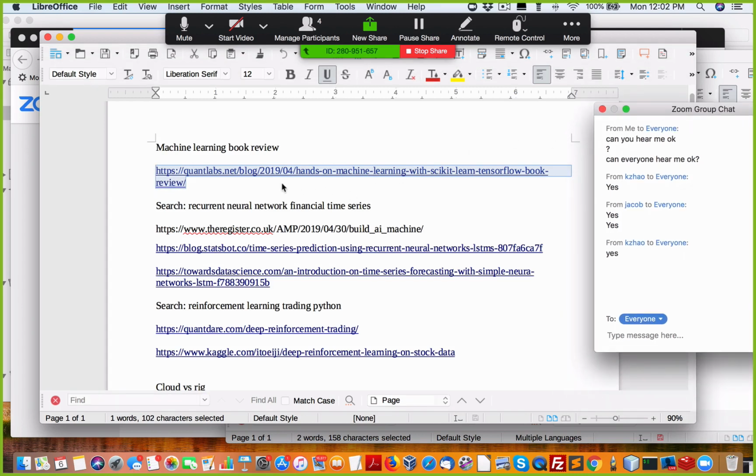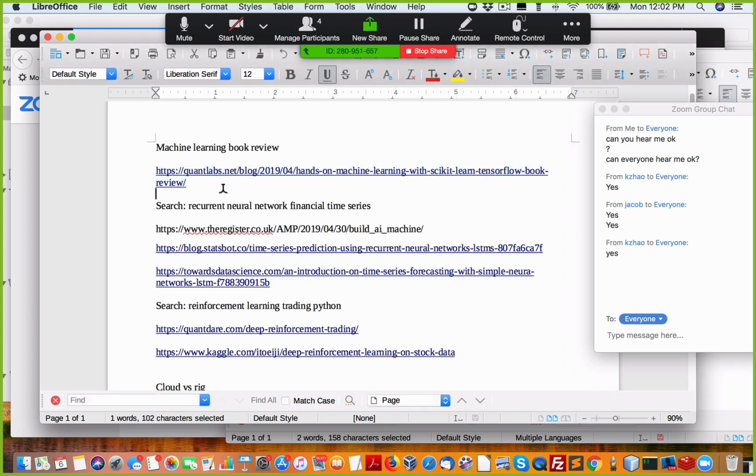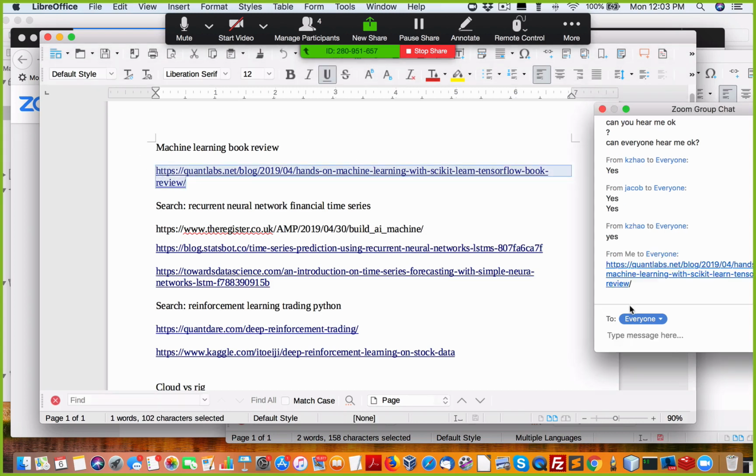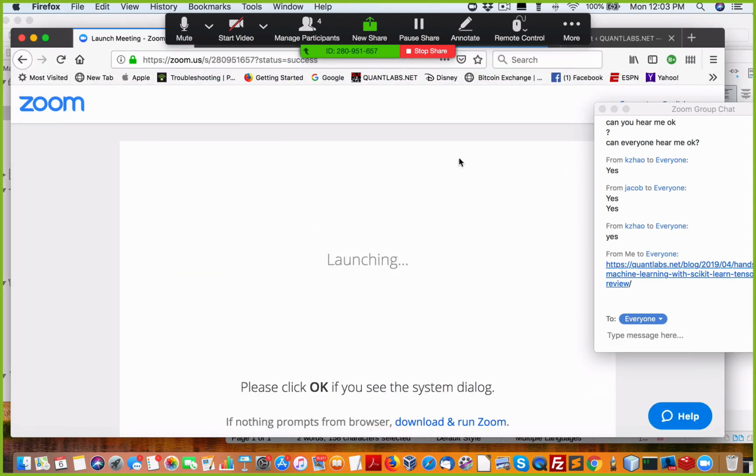So first thing is the book review. If you are new to the world of machine learning, just general machine learning, and you want to learn pretty well end-to-end everything about all the different types of models and techniques and different types of neural networks out there, this book that I will give you, I'll put it in the chat as well if you are interested, is quite excellent.